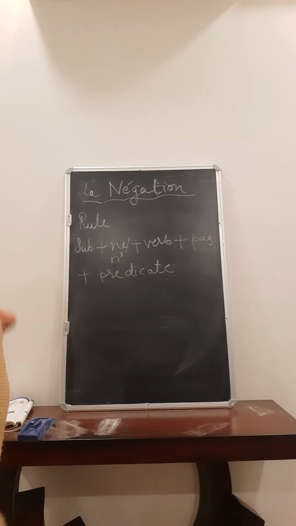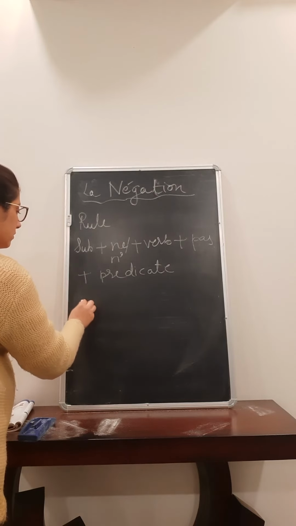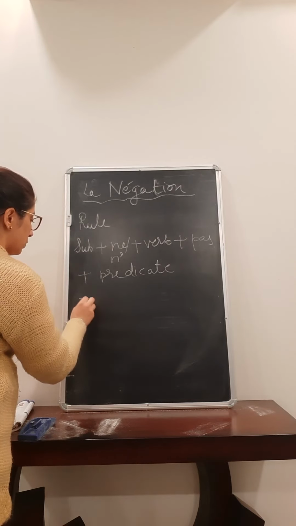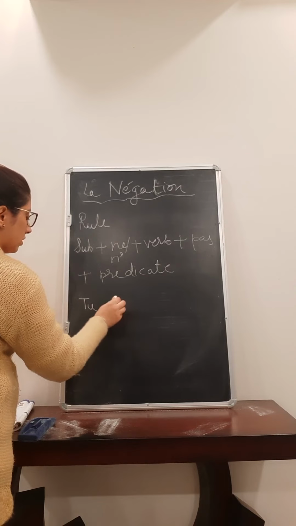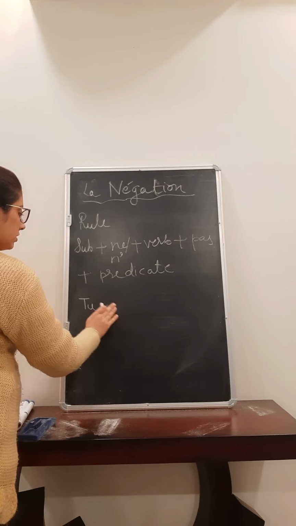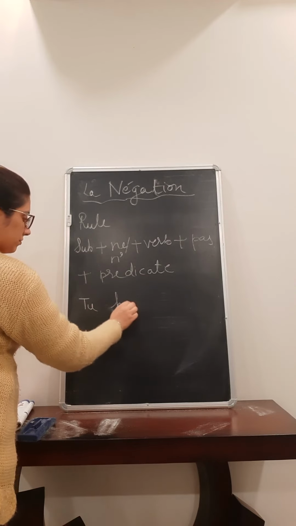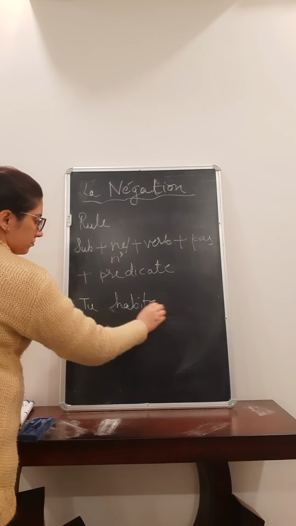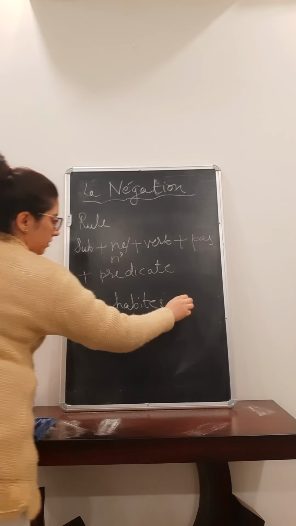Suppose I am saying you have a book. Now I need to make it negative: you do not have a book. Suppose I am saying: you are living in India. Tu habites en Inde.